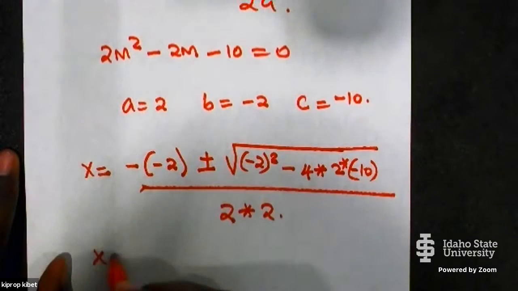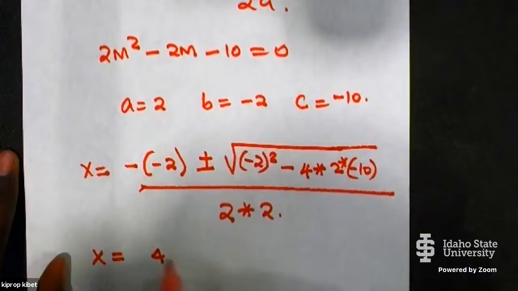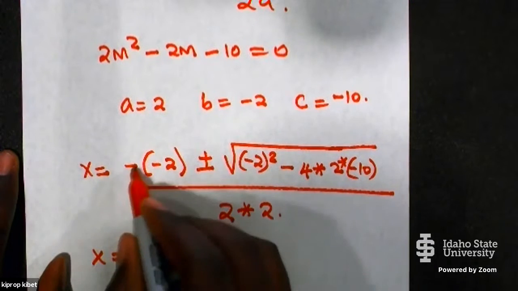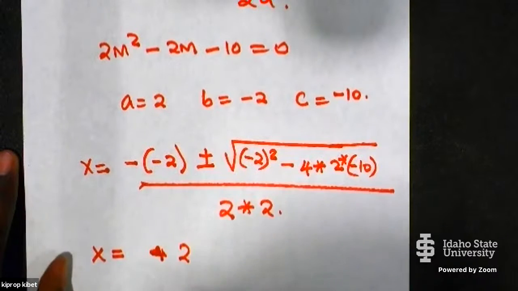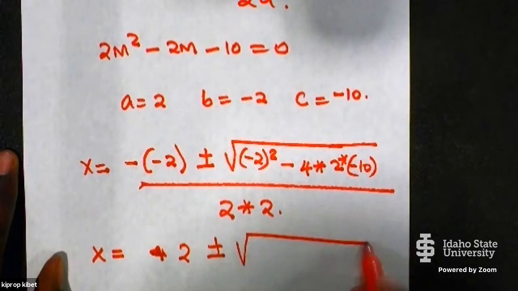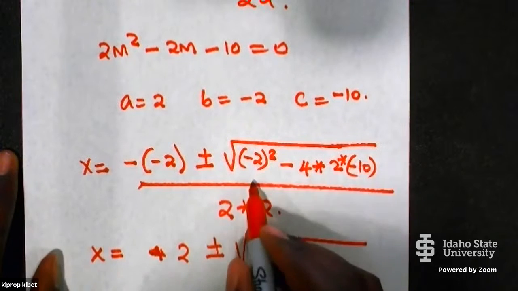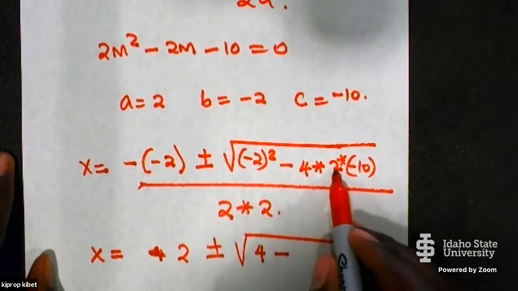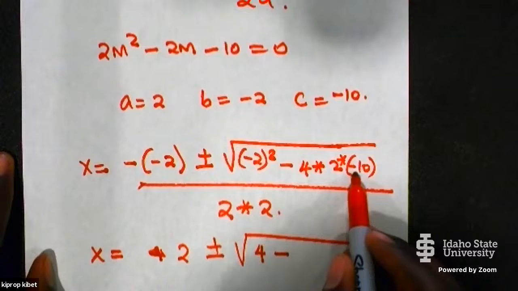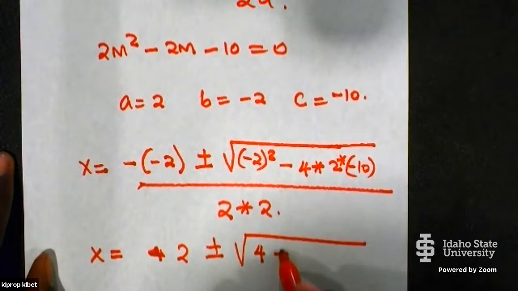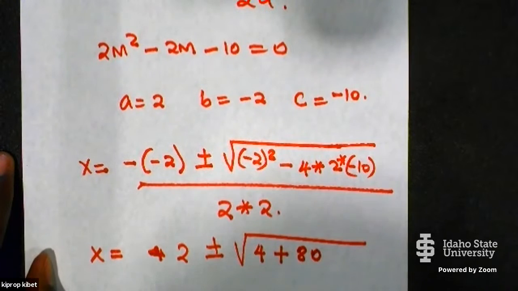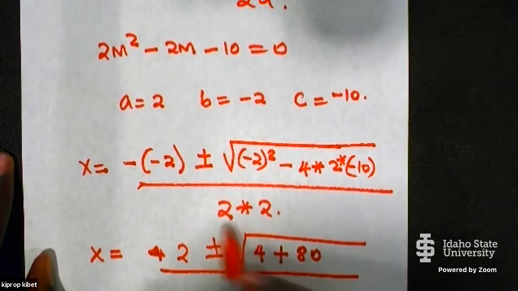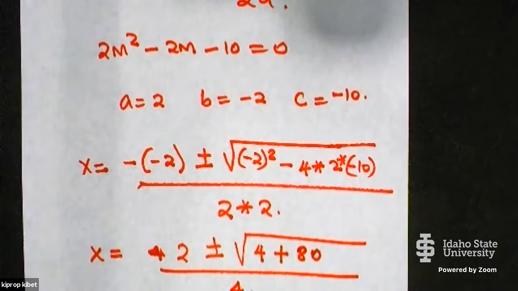So x equals, this is 4, sorry, this is 2, plus or minus the square root of minus 2 squared is 4, minus 4 times 2 is 8, times minus 10 is minus 80. Minus minus 80 gives us plus 80, so 4 plus 80 is 84, all over 4.